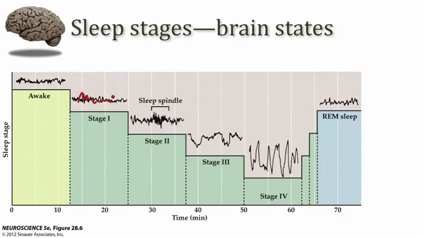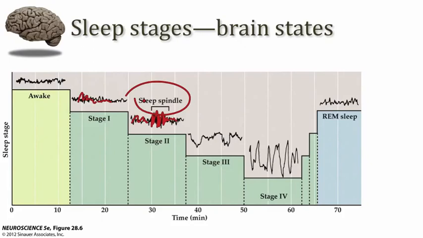So in stage 2 sleep then, this is the next deeper stage, we see an increase in amplitude, and then we see the emergence of a very particular feature that is characteristic of this stage of sleep. It's called the sleep spindle. And this sleep spindle is a very brief, just a few seconds of high frequency activity that occurs in these clusters.